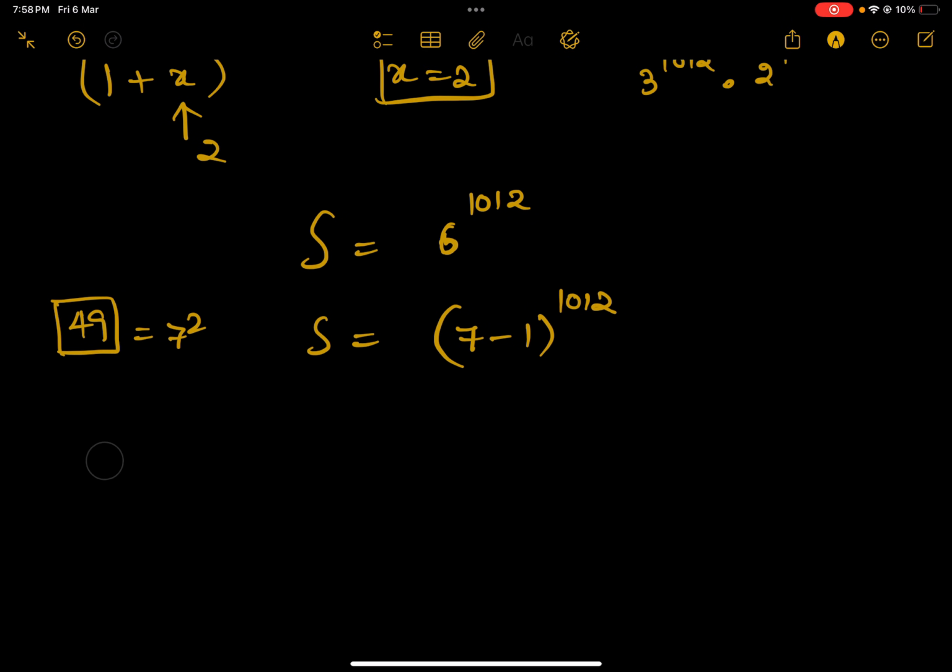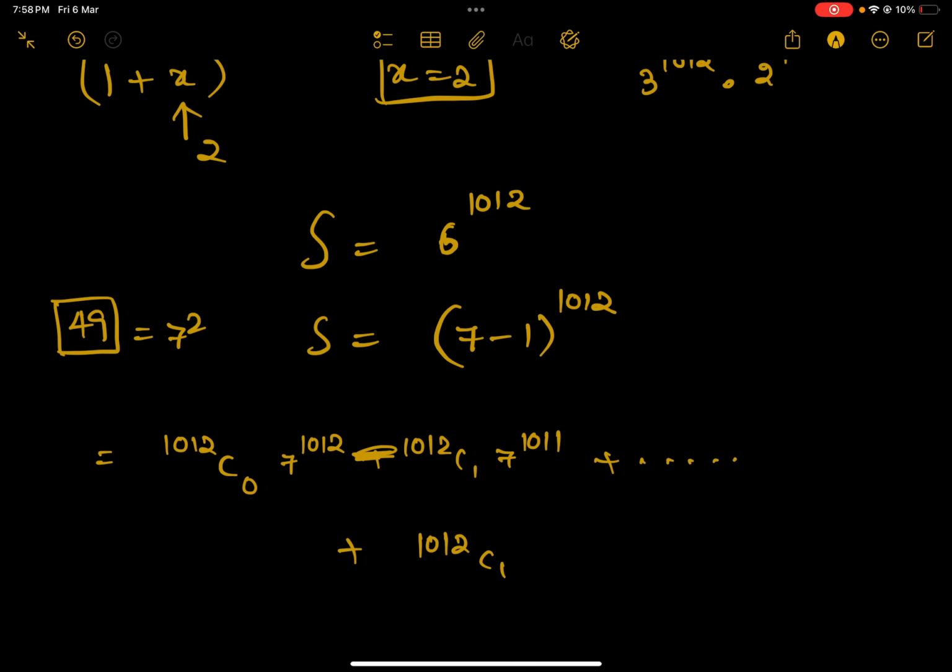If you expand that, 1012 C0 7 power 1012, minus 1012 C1 7 power 1011, plus and so on, and here you will be getting minus 1012 C1011 times 7 plus 1012 C1012.